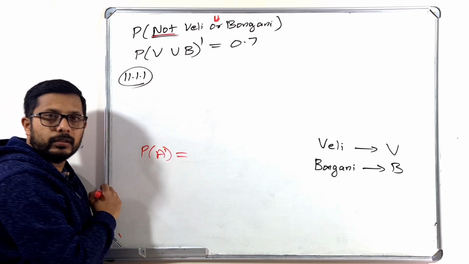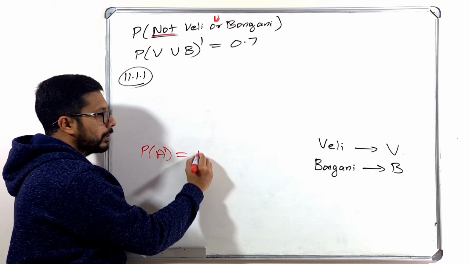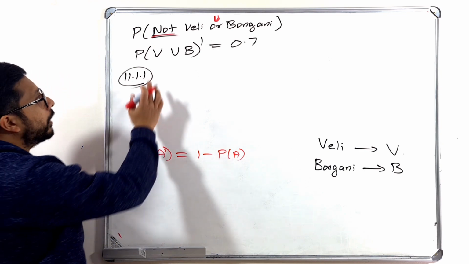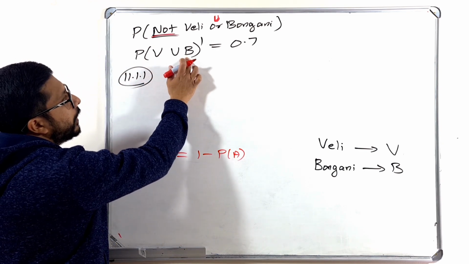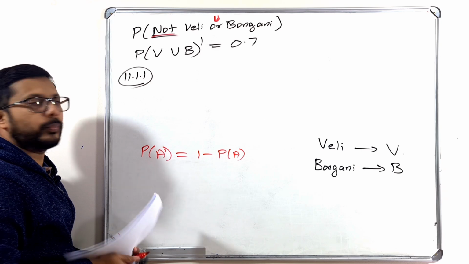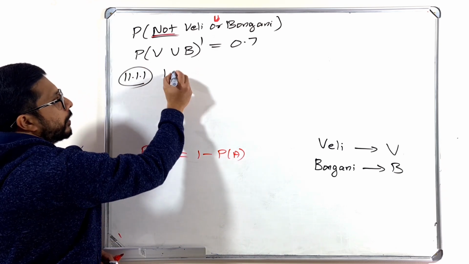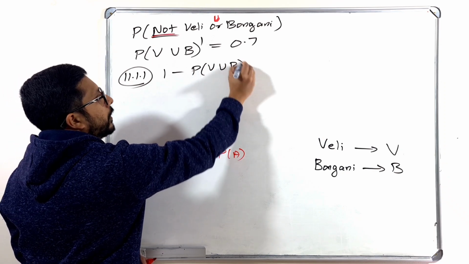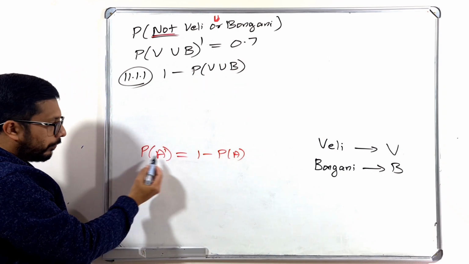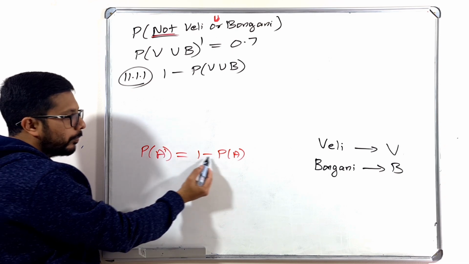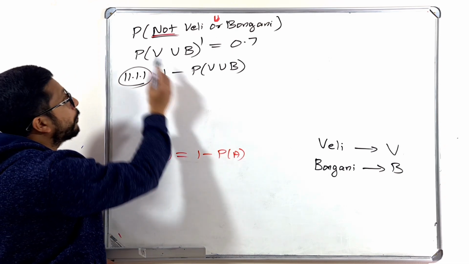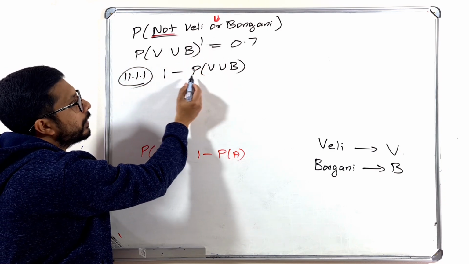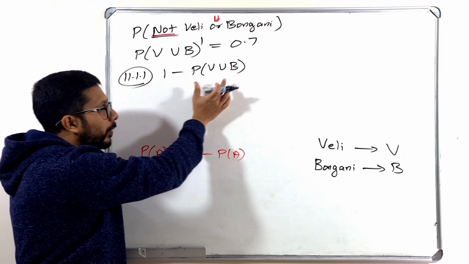That formula: probability of A complement is the same as 1 minus probability of A. Similarly, probability of V union B complement is the same as 1 minus probability of V union B. Compare these two.